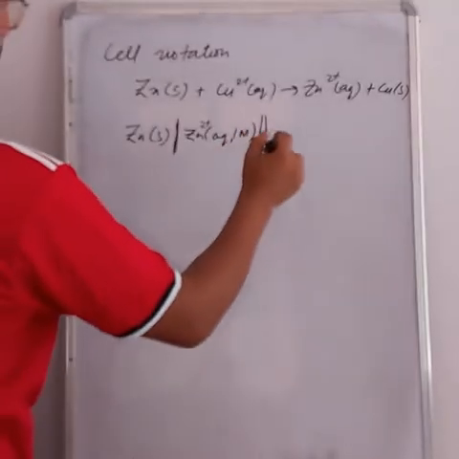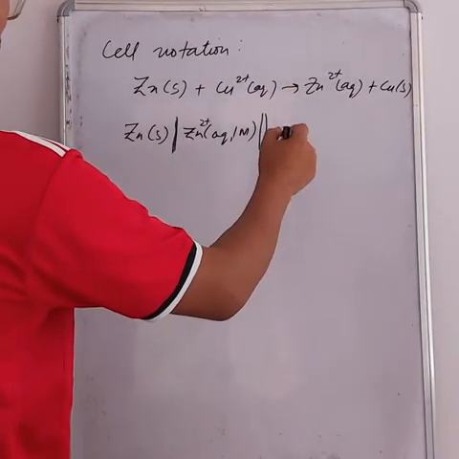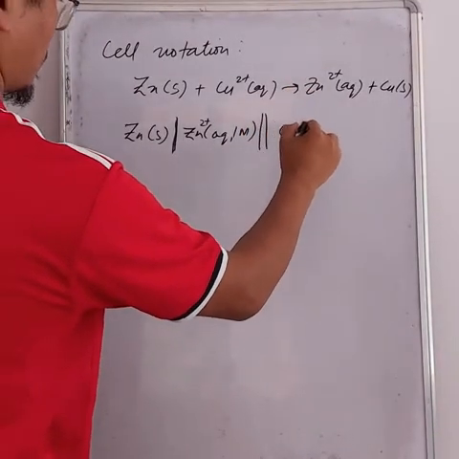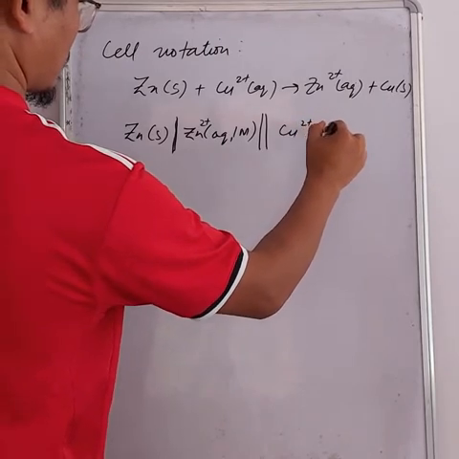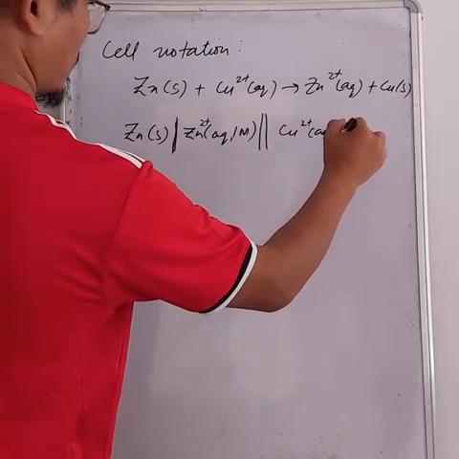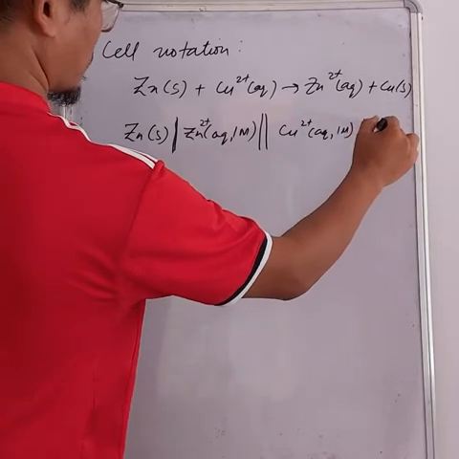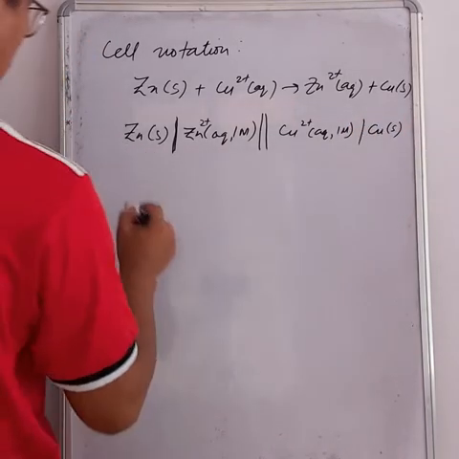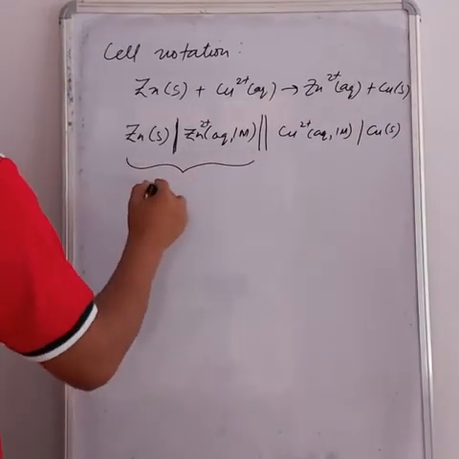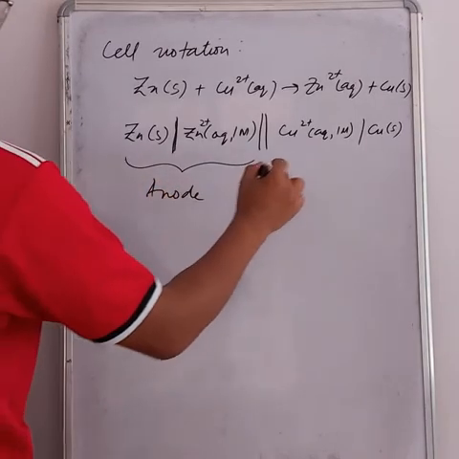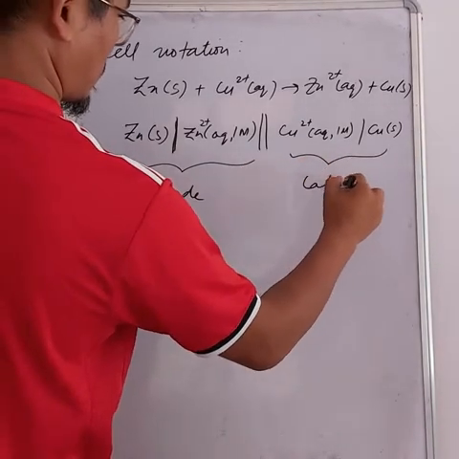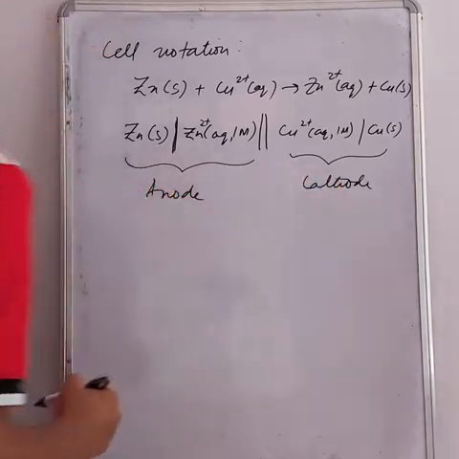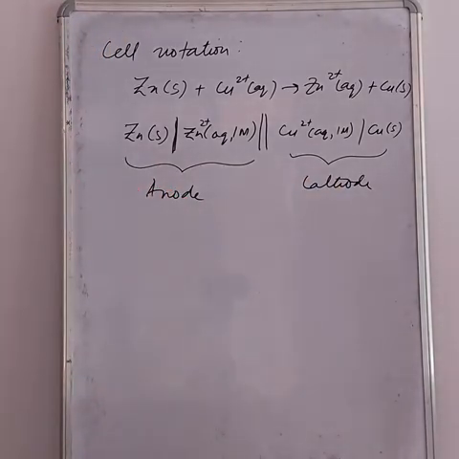This is our salt bridge, and then we represent the reduction, copper 2 plus 1 molar, and then the phase boundary for solid. So this is our anode, and this is our cathode. That's how we typically write the cell notation for a particular redox process. So I hope you remember those.